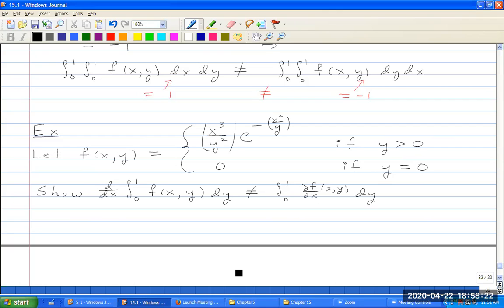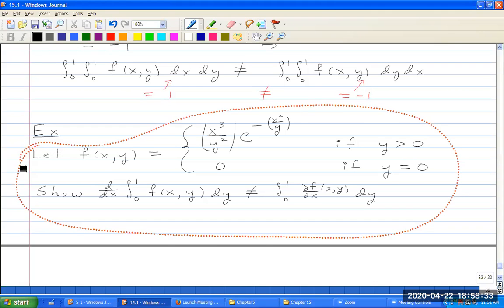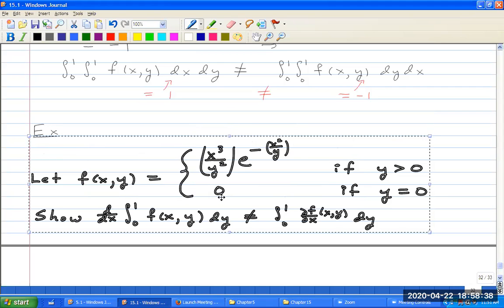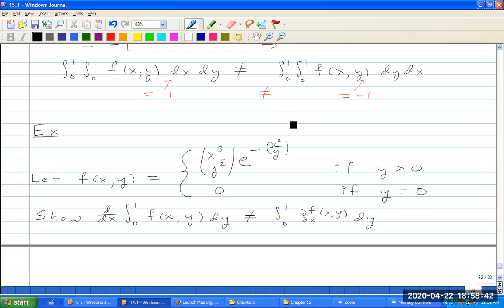Okay, so let f of xy equal x cubed over y squared e to the negative x squared over y if y is greater than 0, and 0 if y is equal to 0.